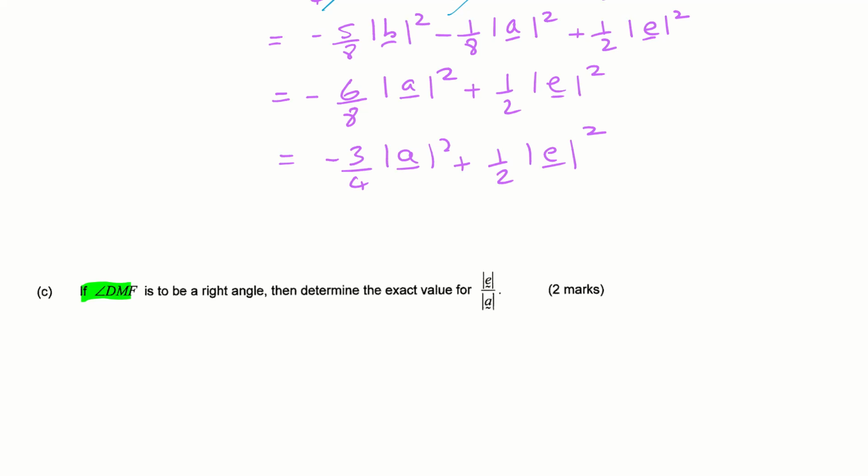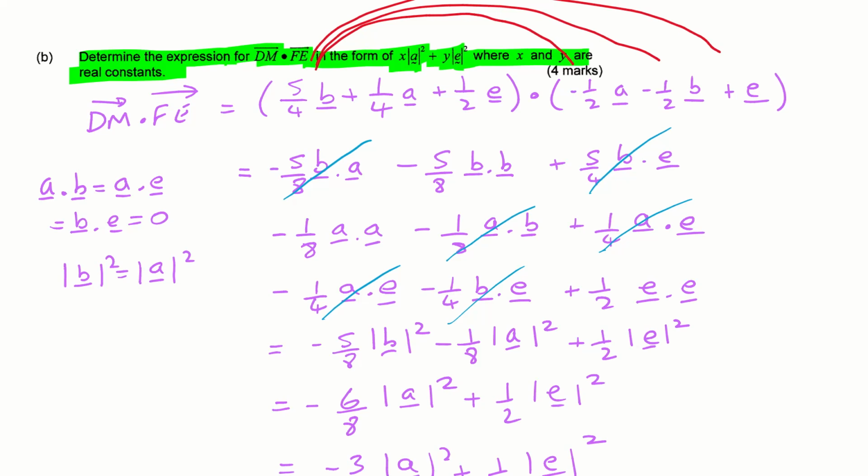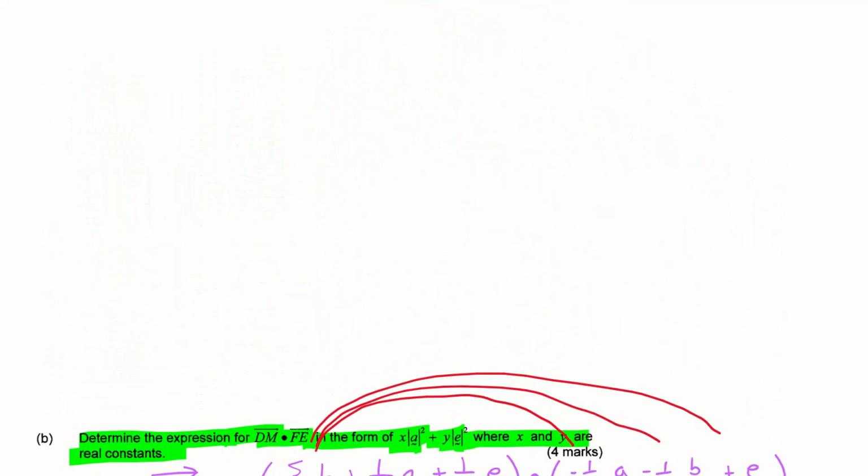If angle DMF is to be a right angle, then determine the exact value for mod E over mod A. So DMF, well, this dot product would do that.